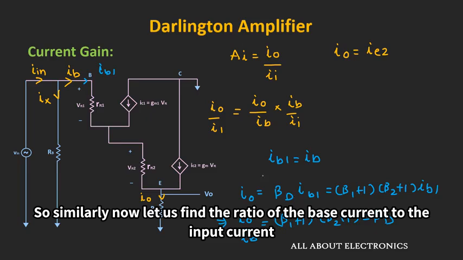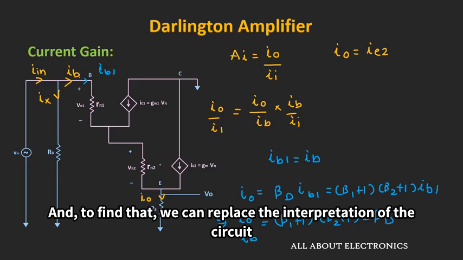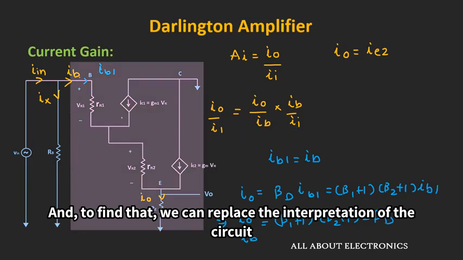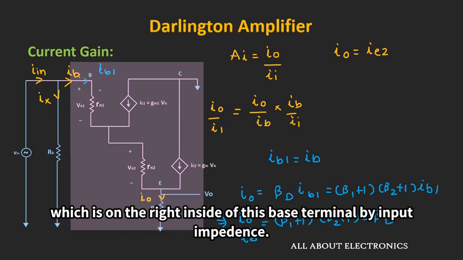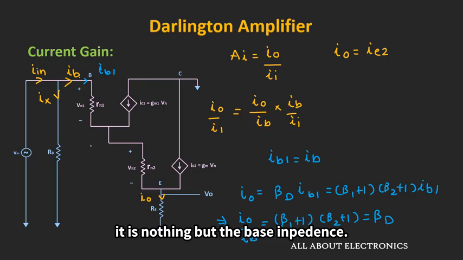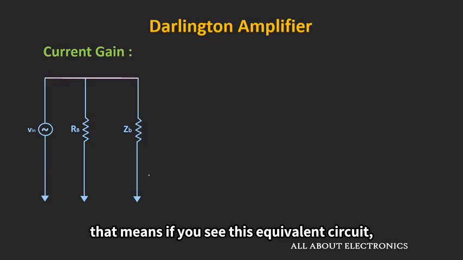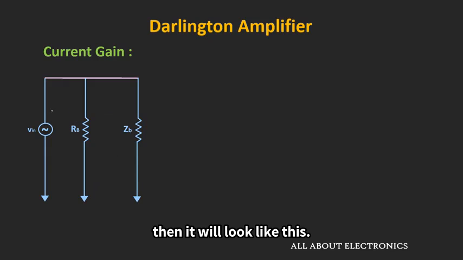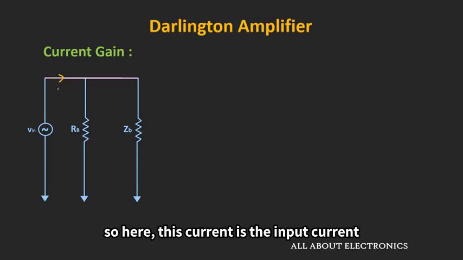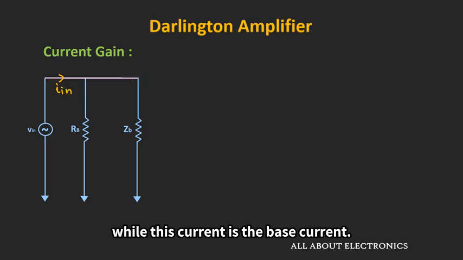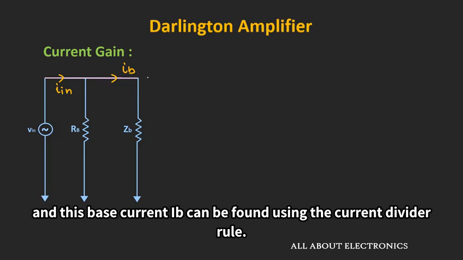So similarly, now let us find the ratio of the base current to the input current. And to find that, we can replace the entire portion of the circuit which is on the right hand side of this base terminal by its equivalent impedance. And as you are aware, it is nothing but the base impedance. That means if we see the equivalent circuit, then it will look like this. So here, this current is the input current, while this current is the base current. And this base current IB can be found using the current divider rule.